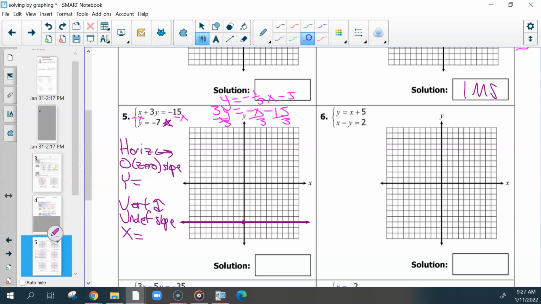So our y-intercept would be at -5. Our slope would be -1/3, so we can go up 1 to the left 3 as many times as possible, and down 1, right 3 as many times as possible, to make that one.